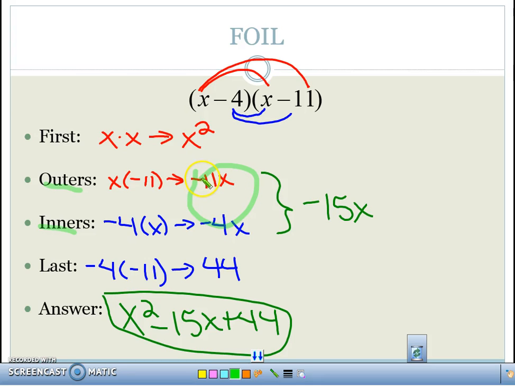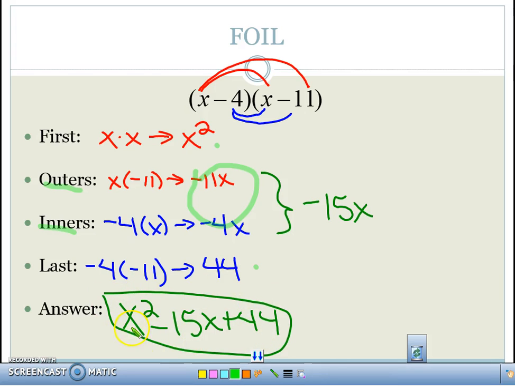So what you're going to do is negative 11 plus negative 4, which is negative 15, and x. This one and this one, you cannot combine like terms with anything because they are different. So x squared, you write it here. This you do combine like terms, which is negative 15x, and then just write positive 44.